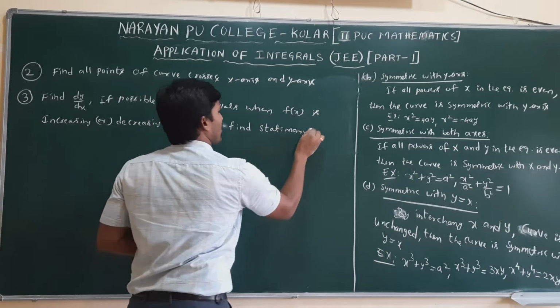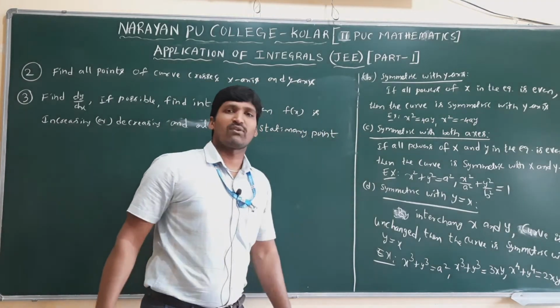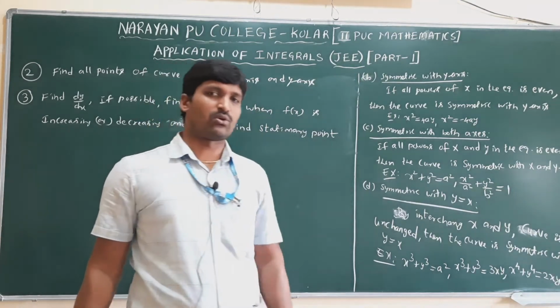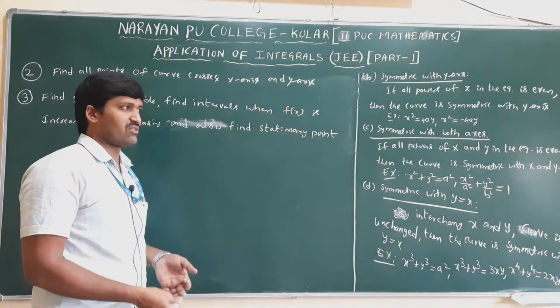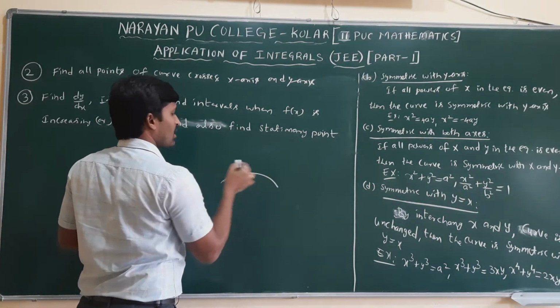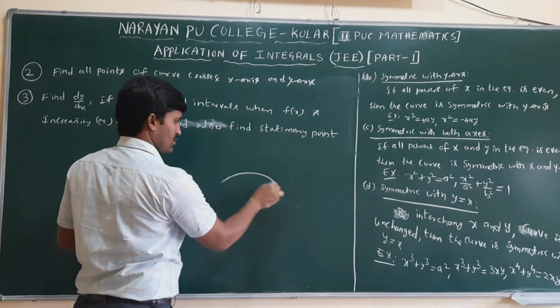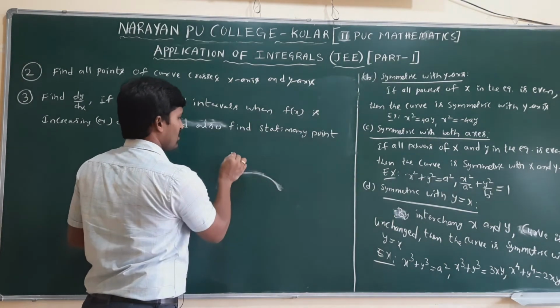Stationary point means what here? At that point, the derivative of the curve becomes 0. Such a point we call a stationary point. For example, cos is there. If you take 0, you will get 1.